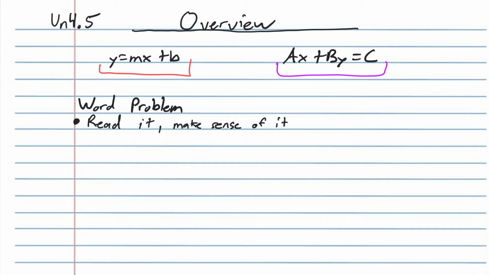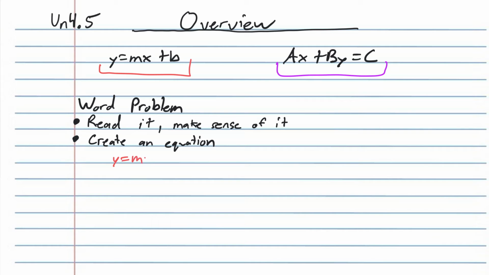Okay. And then the second step is, once you understand what's going on, see if you can come up with an equation, right? So create an equation. We're going to start with using the mx plus b because that's probably the easier one.